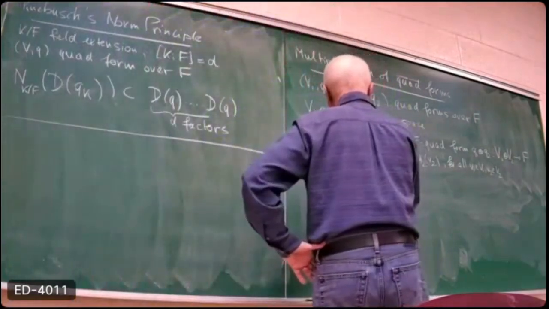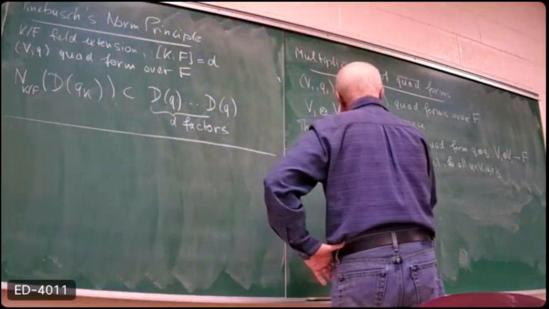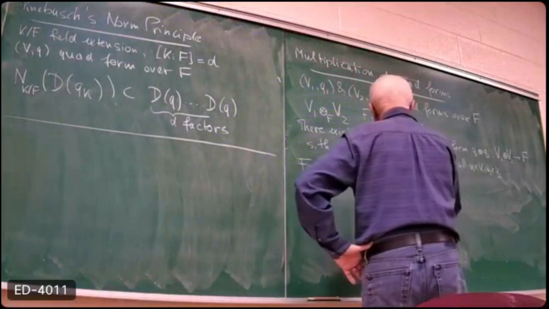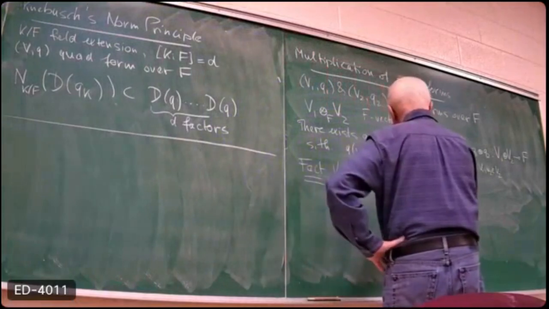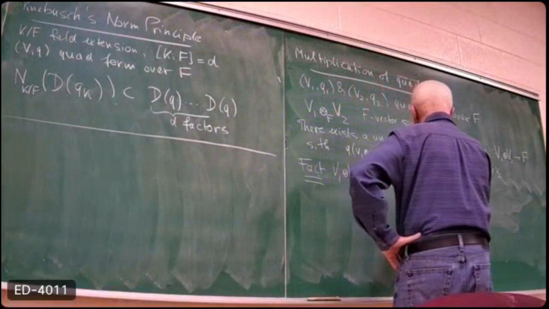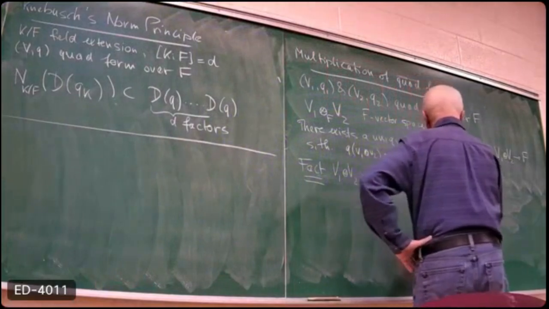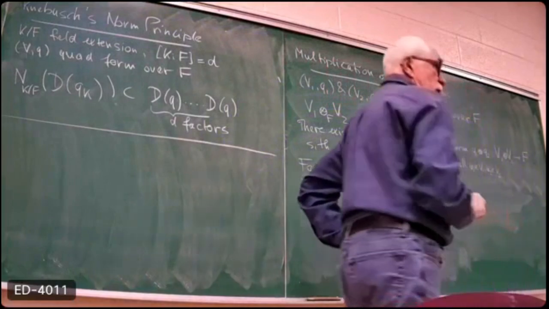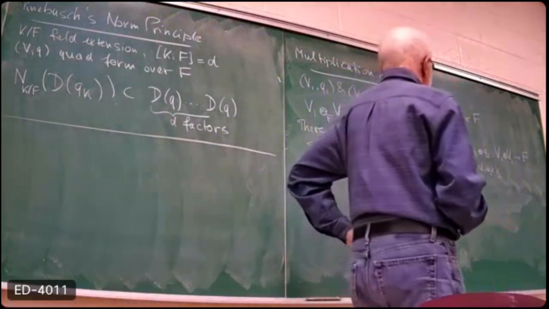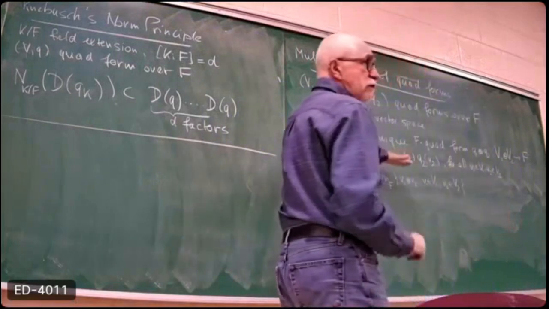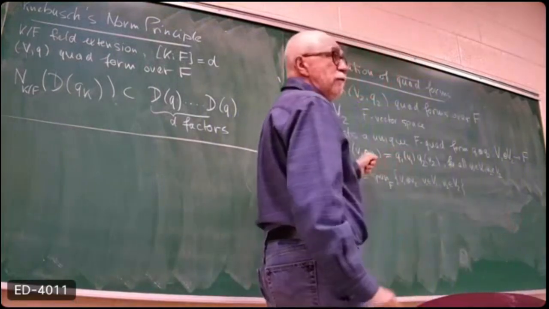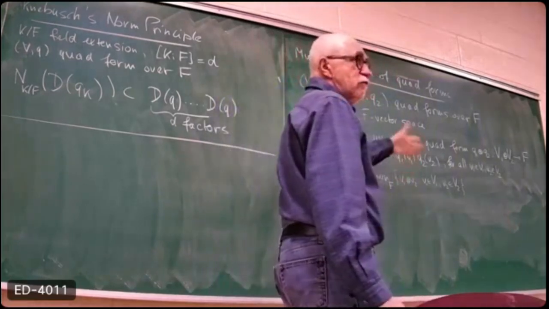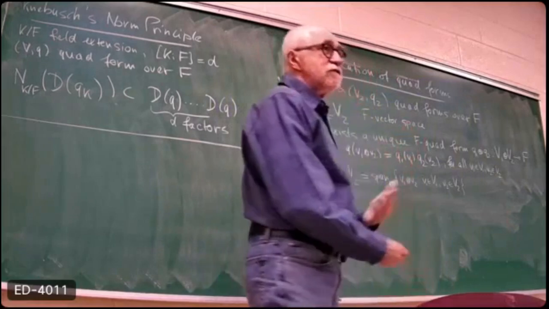So V1 tensor V2 as an F vector space spans over F of simple tensors v1 tensor v2. And so I say, well, this quadratic form, we describe what it should do on simple tensors, and because they span, it's not so surprising that if it exists, it must be unique.